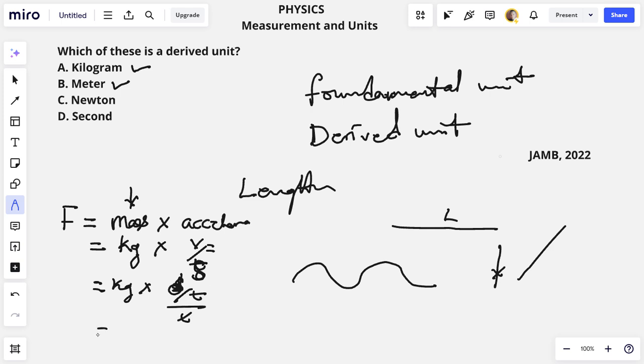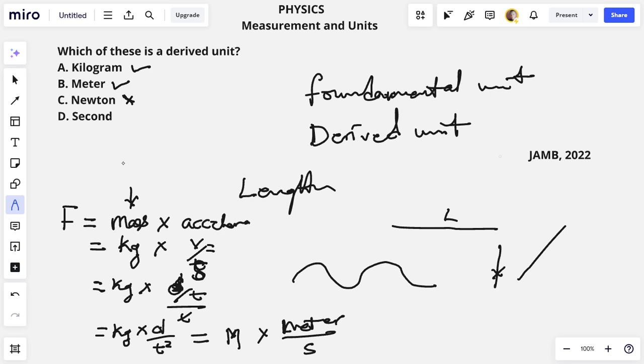So that would be kilogram times displacement over time squared. Now if you break it down, how many fundamental units have we gotten from this Newton? We've gotten mass. Distance or displacement is a length, so we've gotten length, which is meter, another fundamental unit, and we've gotten time, which is seconds. So you see, Newton is a derived unit.